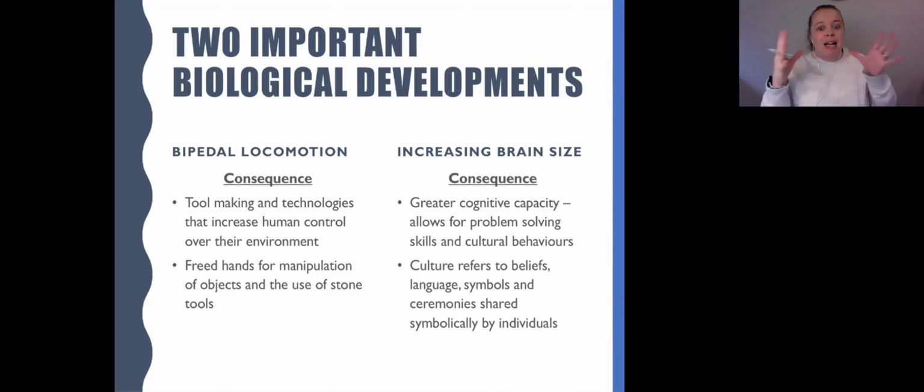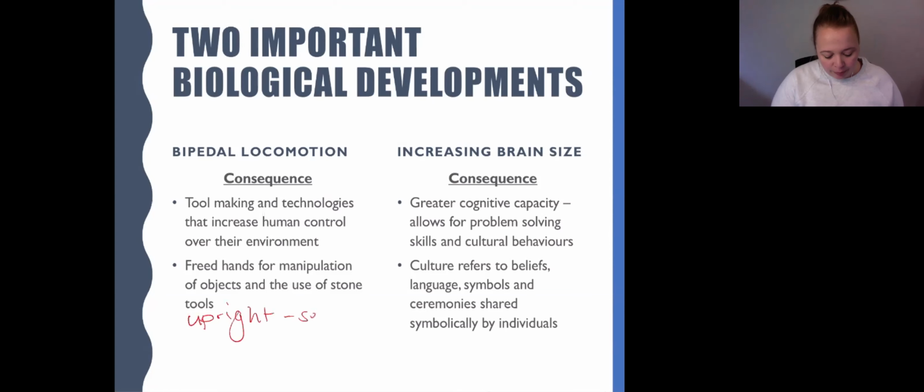Now that's massive, because once you free up your hands, you can start to use a tool, like this. Freeing up my hands allows me to manipulate objects and use tools. There's also another benefit to being bipedal: being more upright means you can see further.